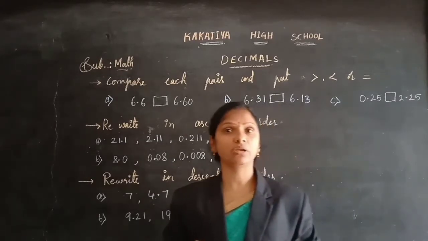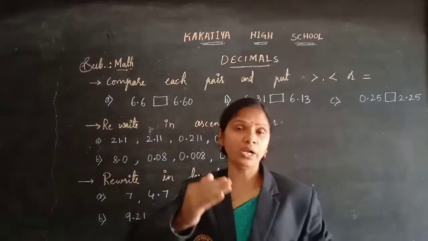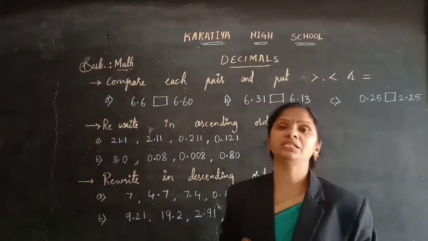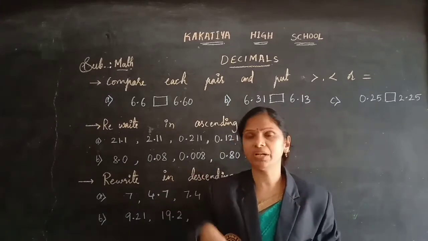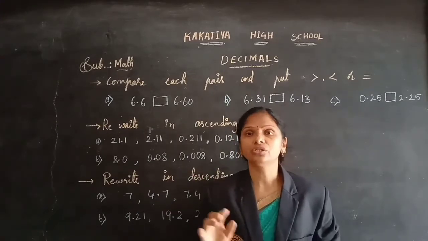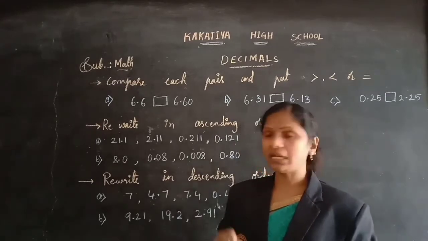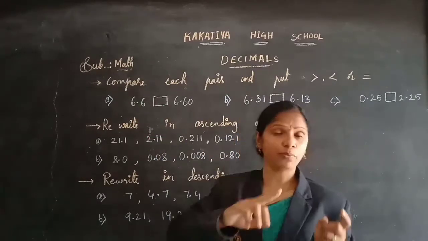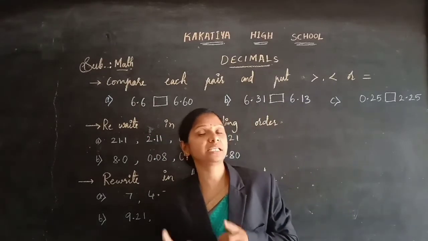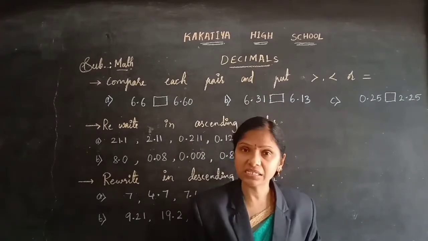Okay. If you have a different number of digits after the decimal point, where one number has more digits and one number has fewer digits, then this type of decimals are unlike decimals. Once again I am repeating, children: after the decimal point, if you have the same number of digits, those are like decimals.